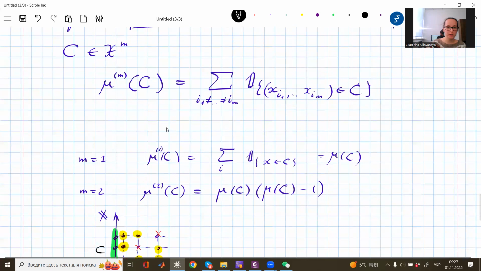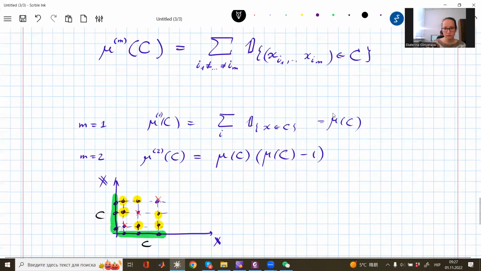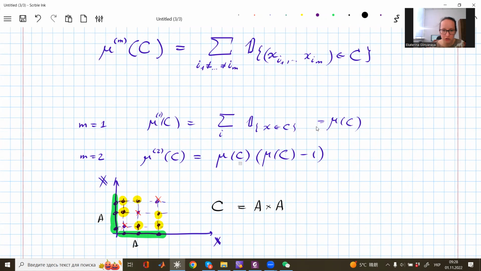Okay, so we define here, I'm sorry, C. It's better considered not like C here is a product, A times A. So for such subset, I draw a picture. And maybe this is not good notation because of this one.